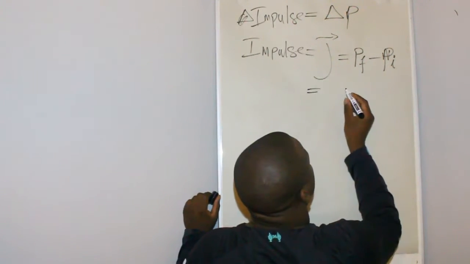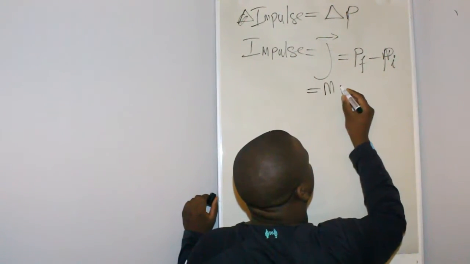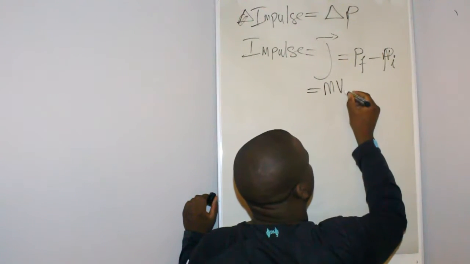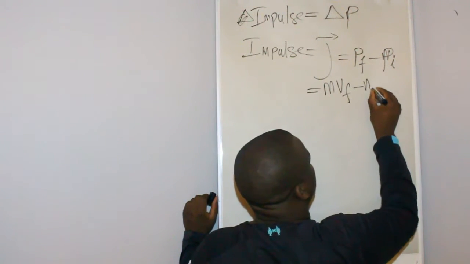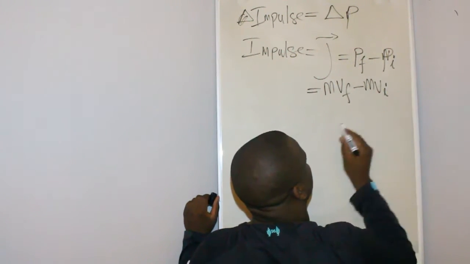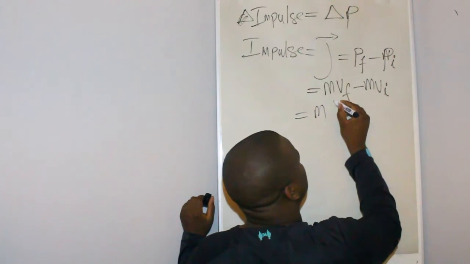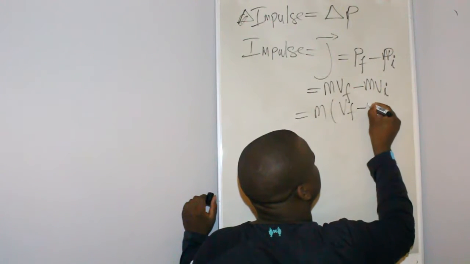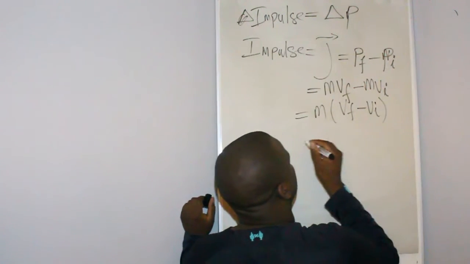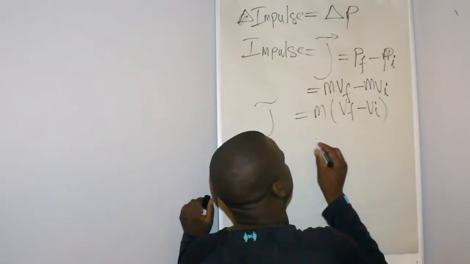That is m v f minus m v i, which is equal to m, common factor, v f minus v i. This is our impulse.